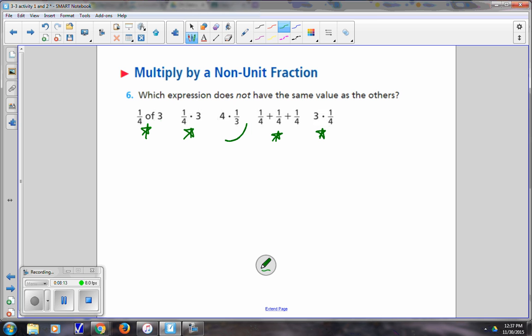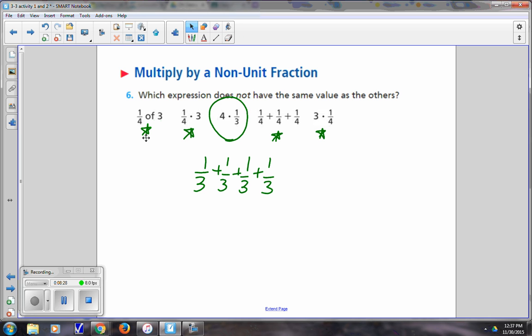The one that's not the same is that one, because now you're talking about 1/3 plus 1/3 plus 1/3 plus 1/3. So I'm hoping you're seeing a little bit of that difference, right?